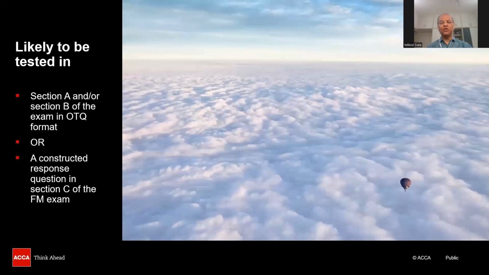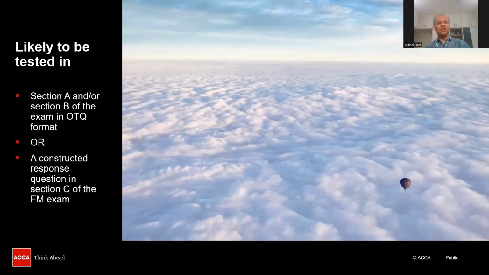Under the approach to examining syllabus of the AFM, it has been clarified that 20 marks questions in section C will mainly come from working capital management, investment appraisal, and business finance areas of the syllabus. And therefore, please note that this entire topic qualifies to be a full 20 marks question in section C.